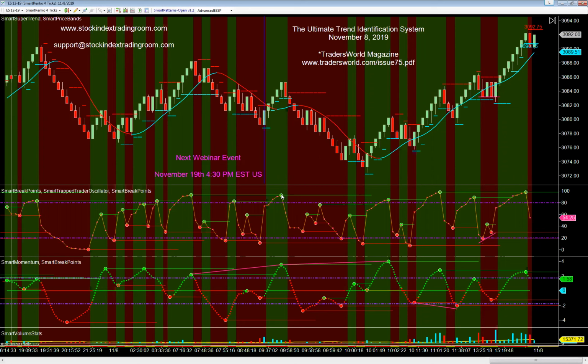One of the things we're going to talk about today is that we are going to focus on combining different concepts to stack the probabilities in a huge way in our favor. We're going to talk about trap trader oscillator, which identifies where price may be too far on the wrong side, too many traders on the wrong side of the market, and they're going to get punished.